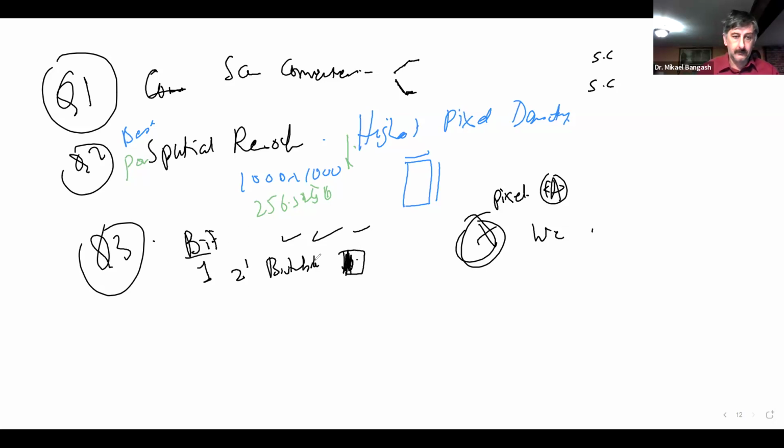So 1 bit is going to be bistable. 8 bits combine to make a byte. Eight bits, as I said, equals 1 byte. So that's true as well. It is a component of a digital scan converter.